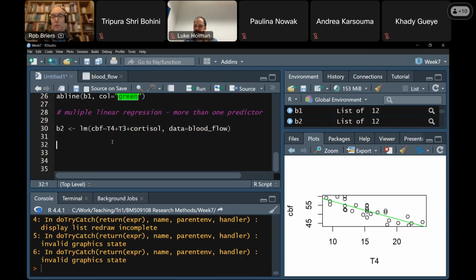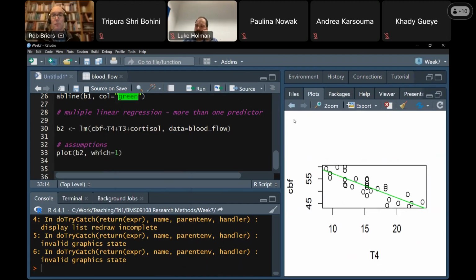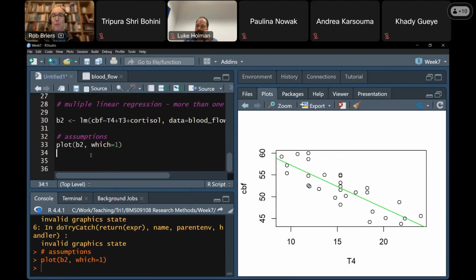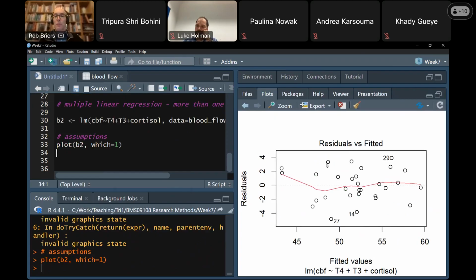So we check the assumptions. Same old process. Firstly, let's make that a bit bigger so it actually works. So firstly, our plot of the equality of variances. Slightly different than the previous one. You see we've got all three things involved here, but there's still no really obvious pattern in there.